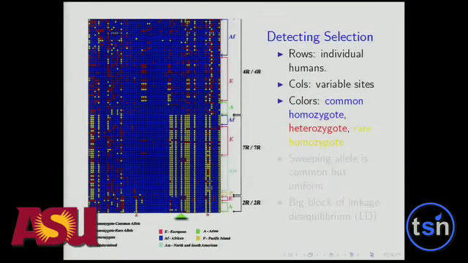And to give you a sense of how this works, I'm going to start by taking you through a slide that, well, let's skip that in the interest of time. I'm going to take you through a slide that shows you a view of a single piece of a human chromosome.